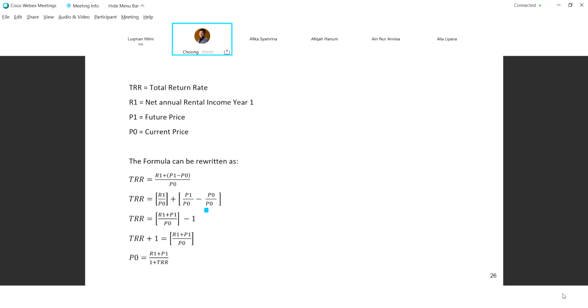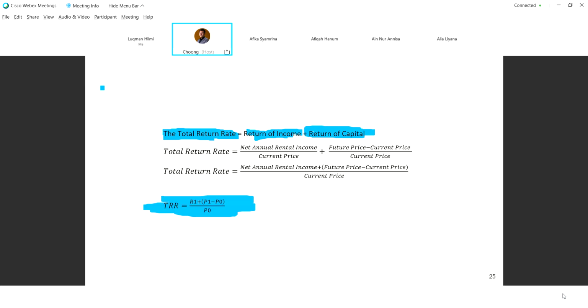And sometimes if you in the book, somehow you see this formula as well, or this particular formula. Don't panic, class. Don't panic. As long as you see TRR is the total return rate, a so-called total rate of return. Nothing special about this one. They derive the formulas from here. Just remember when you say total return rate itself, it's not only considering the income flow, but also the capital gain.